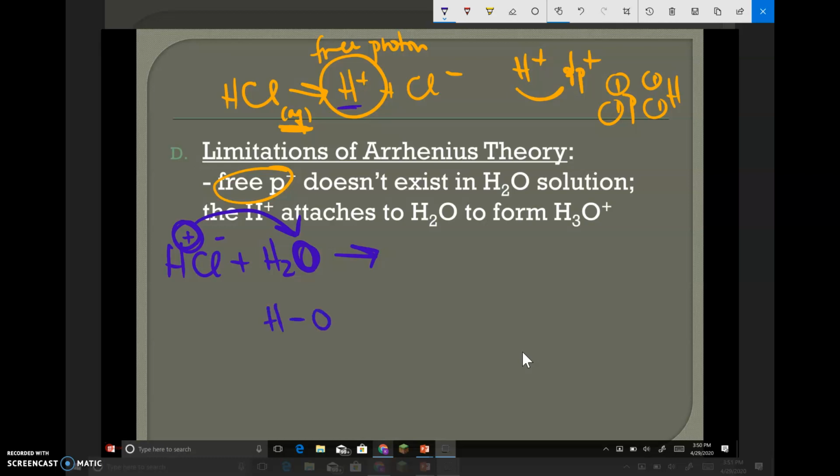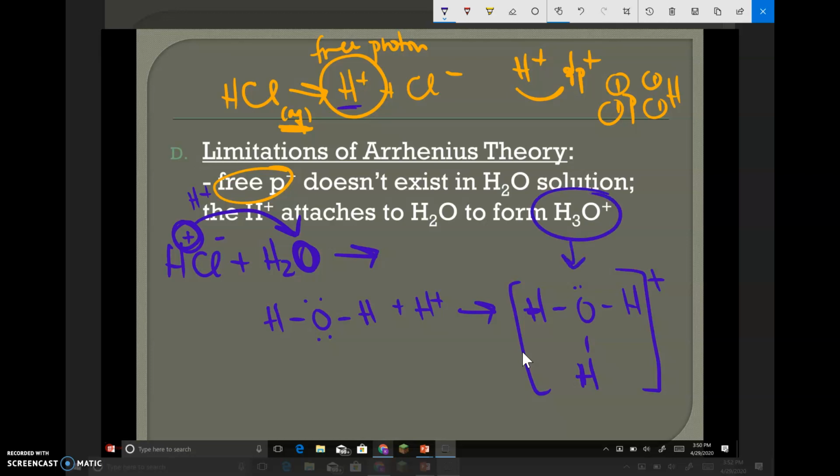So here's what we're looking at. If we draw out a Lewis structure, here's our water. This hydrogen ion is going to come and bond to the water. So when it does that, because the oxygen is more negative, that hydrogen ion is going to bond to the oxygen. And then because we have an overall plus charge, and we're combining it with water, which is neutral, we're going to have an overall positive charge on the outside.